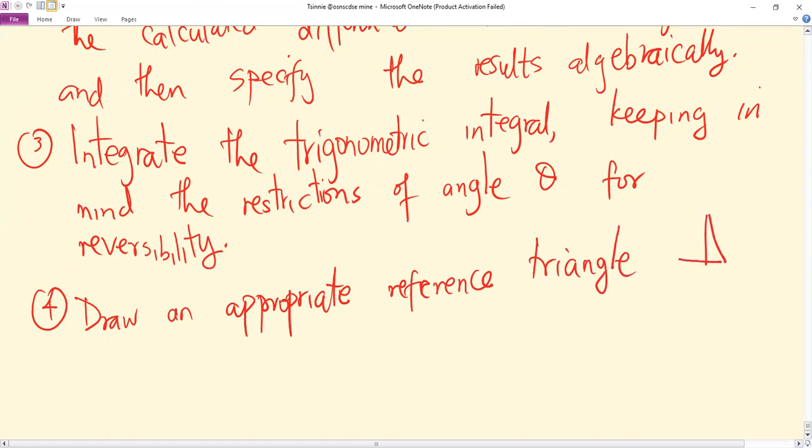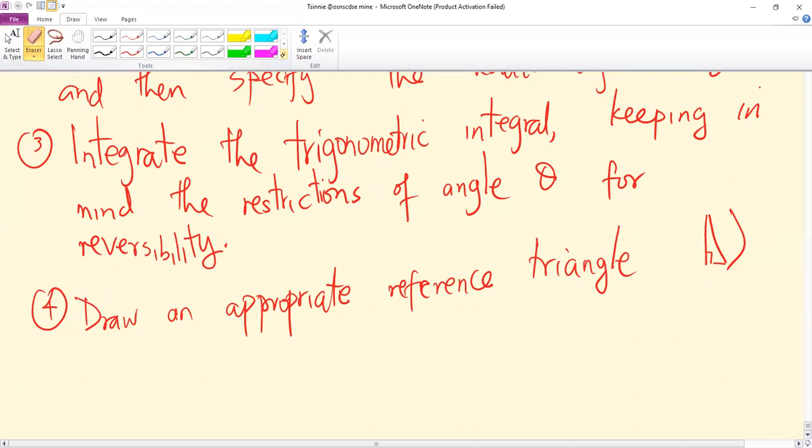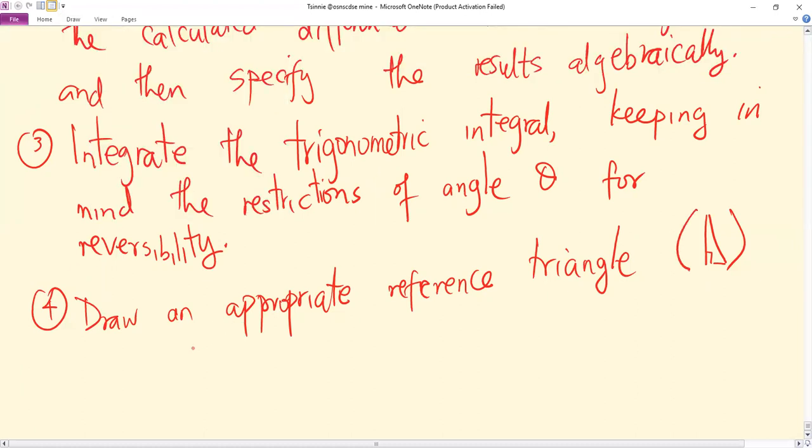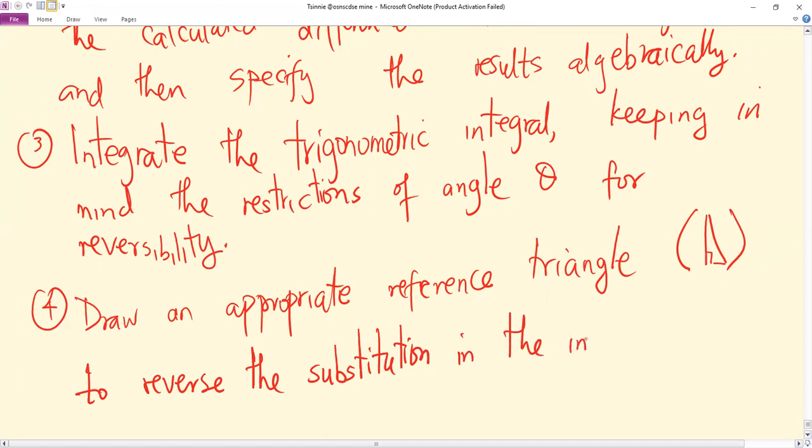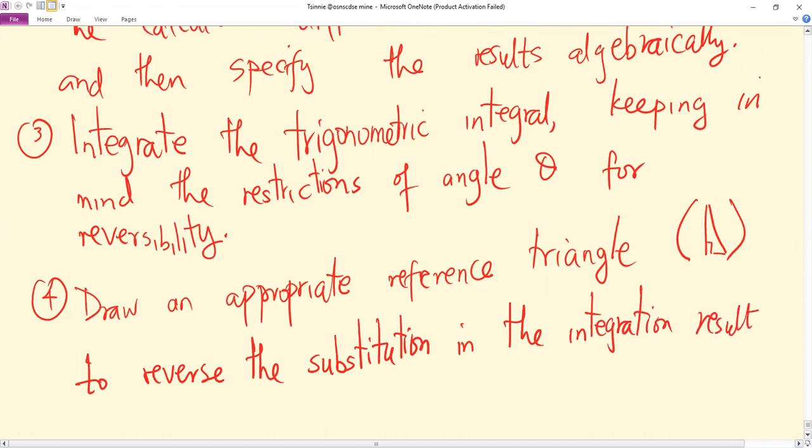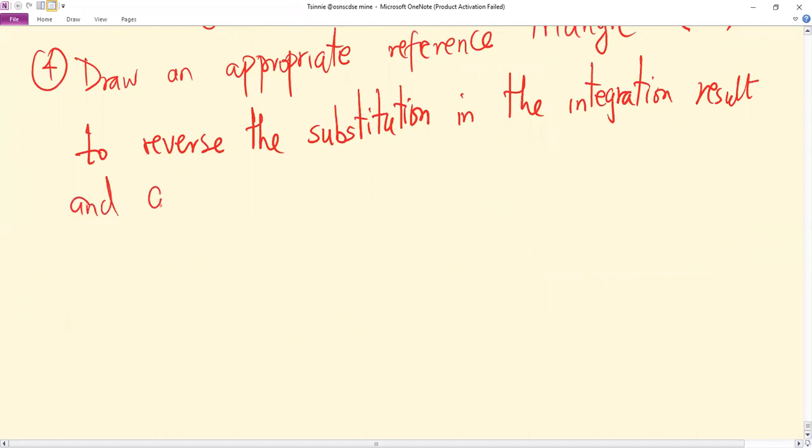Actually, it's a right angle triangle, to reverse the substitution in the integration result and convert it back to the original value of x.